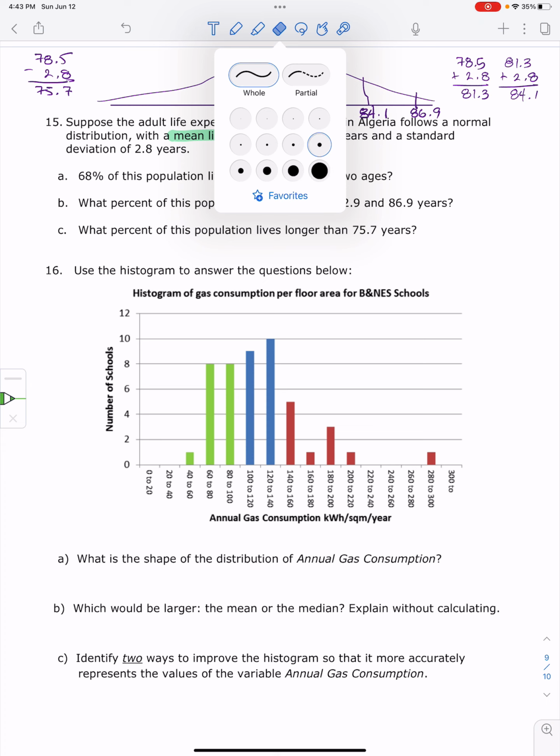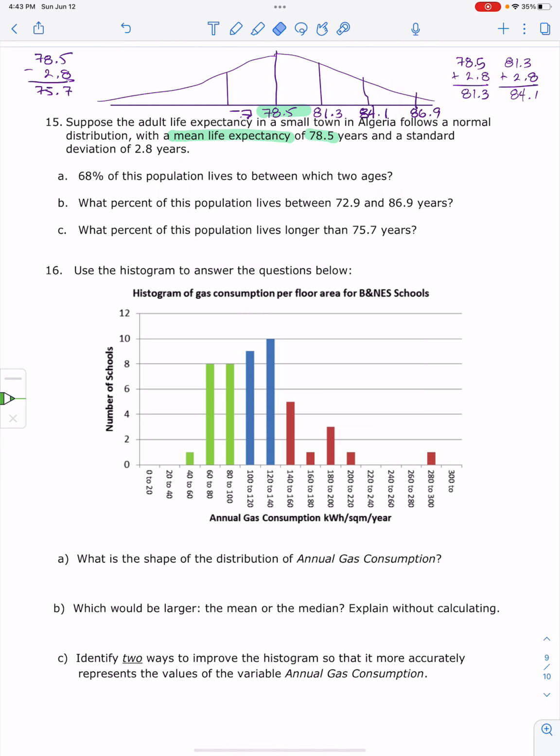Let's not make it that big. I don't want to erase everything. Let's try this again. There we go. And 75.7 minus 2.8, minus another standard deviation, and we get 72.9. And one more time, and we get 70.1.